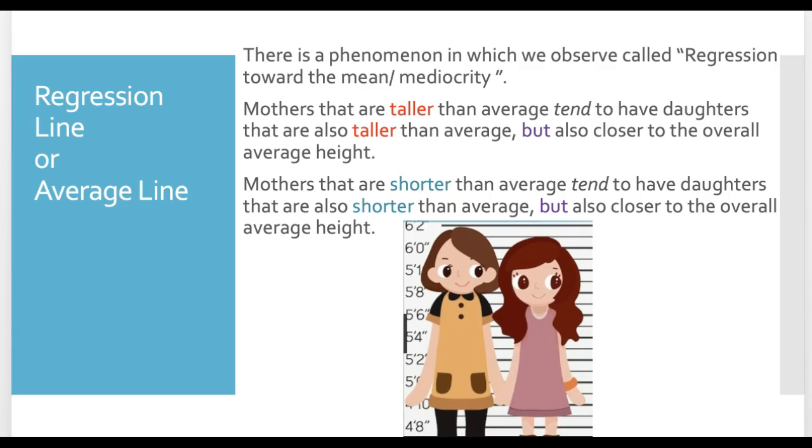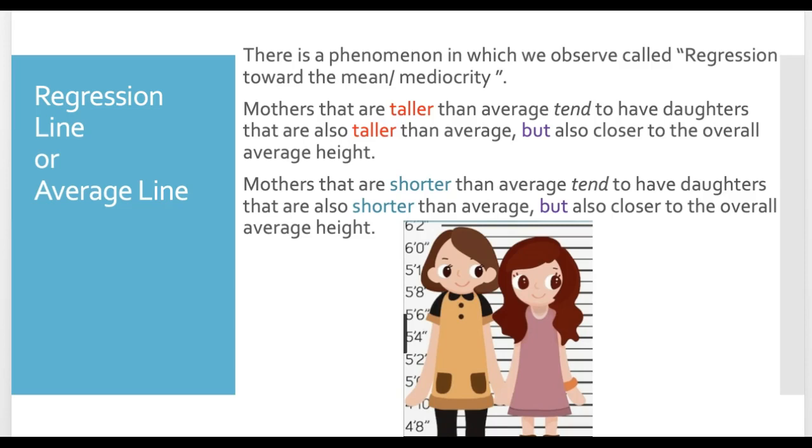So what we're talking about here is this phenomenon we call regression towards the mean, or mediocrity. Mothers that are taller than average tend to have daughters that are also taller than average, but closer to the overall average height.